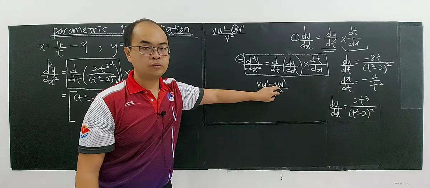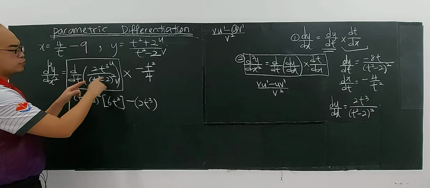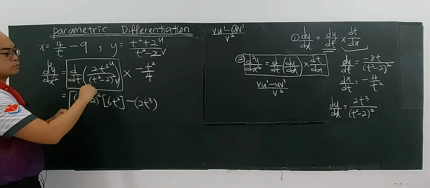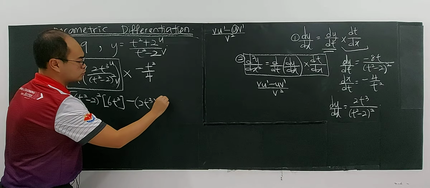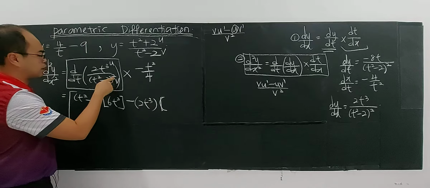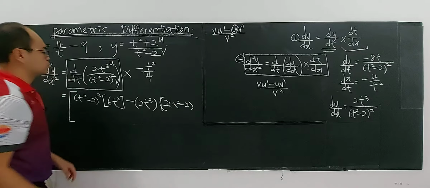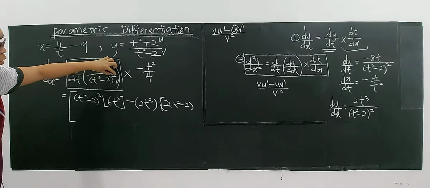Follow this order: u, then differentiate v. Be careful when you differentiate v because this is a power. To differentiate this, you bring down the power 2, so 2(t squared minus 2), copy back, then the power 2 minus 1.